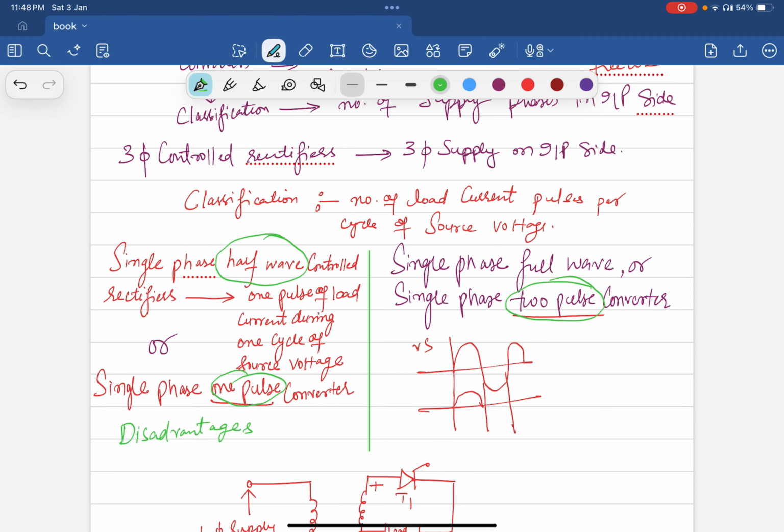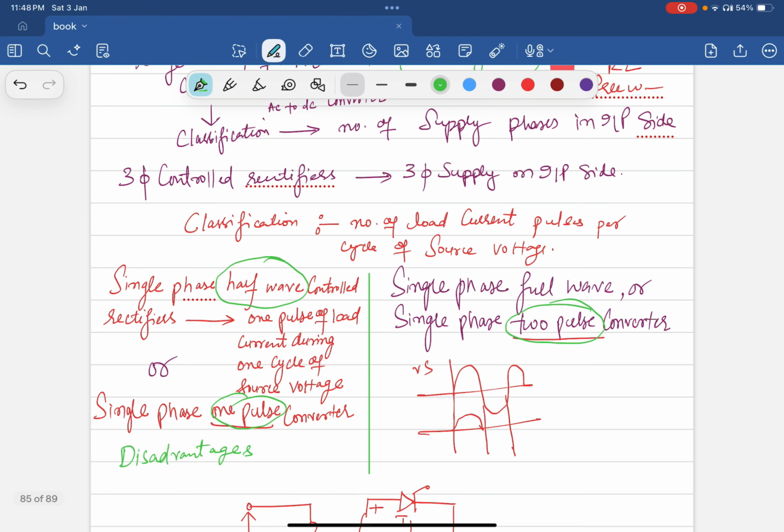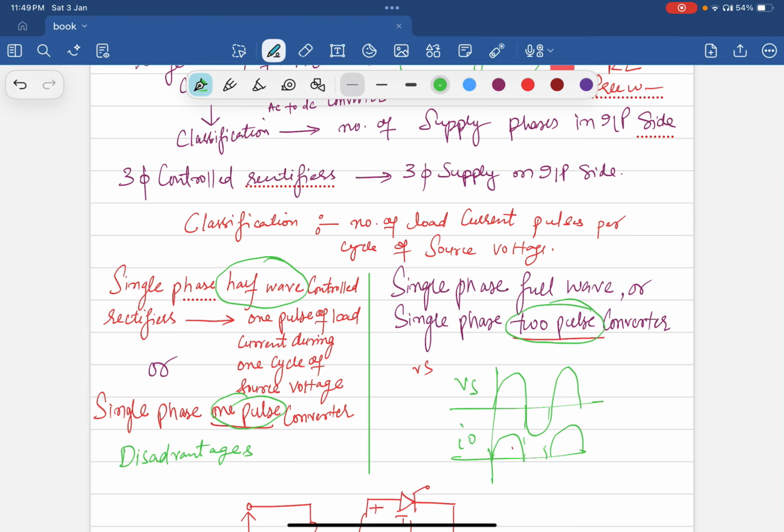So what is the meaning of half wave or one pulse? It is one pulse of the load current during one cycle of the source voltage. So if you look at this, if this is the source voltage, Vs is the source voltage, the load current conducts only for half of the cycle.